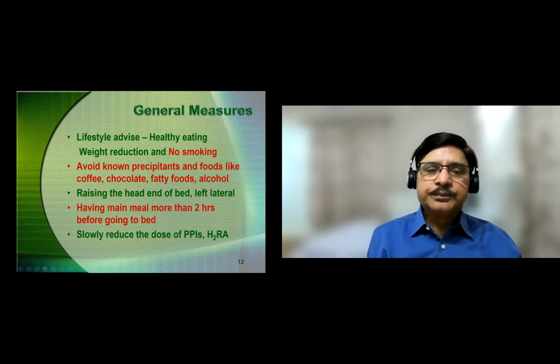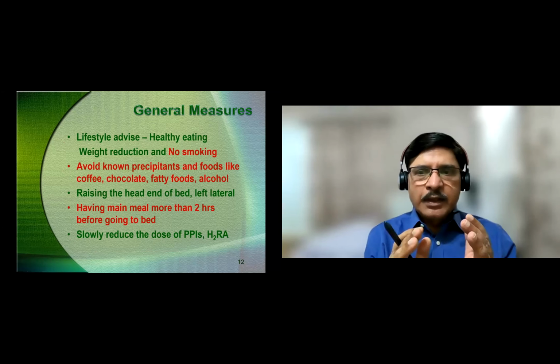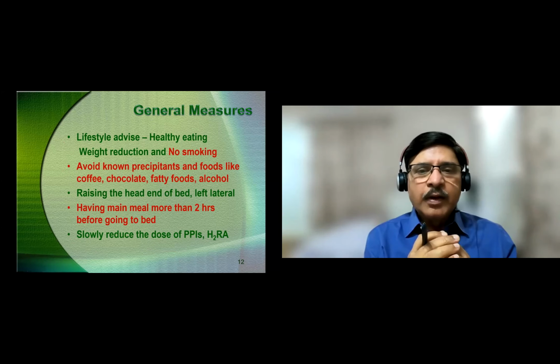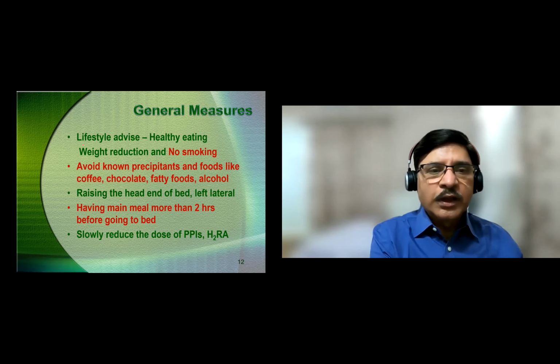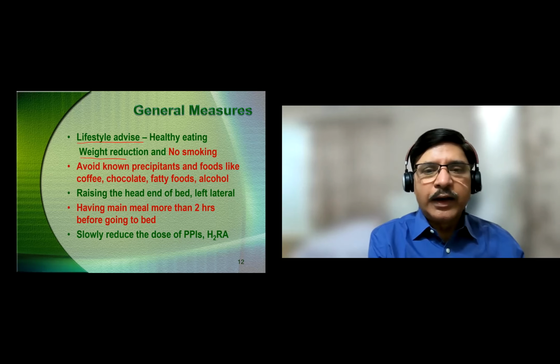Okay. So, in the management of any disease, there will be general measures and there will be specific treatment. What are the general measures here? Healthy lifestyle, healthy eating habits. Lifestyle advice goes a long way in the cure of dyspepsia. What are they? Number one, weight reduction.